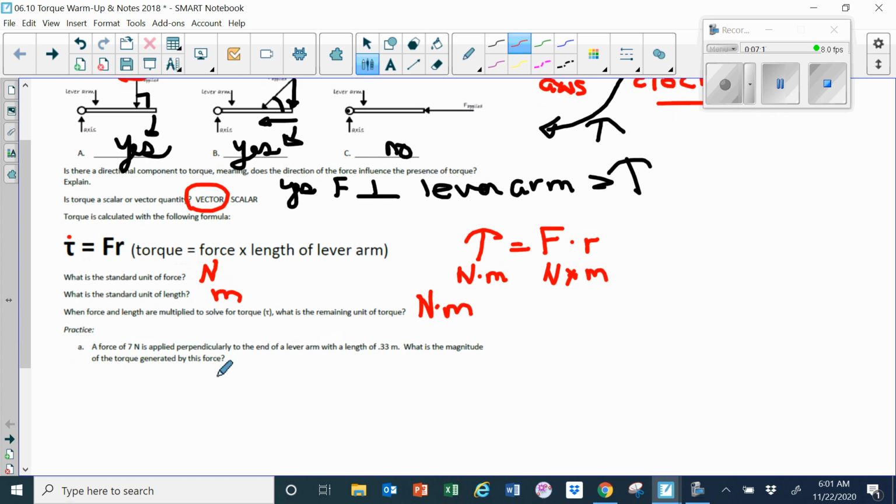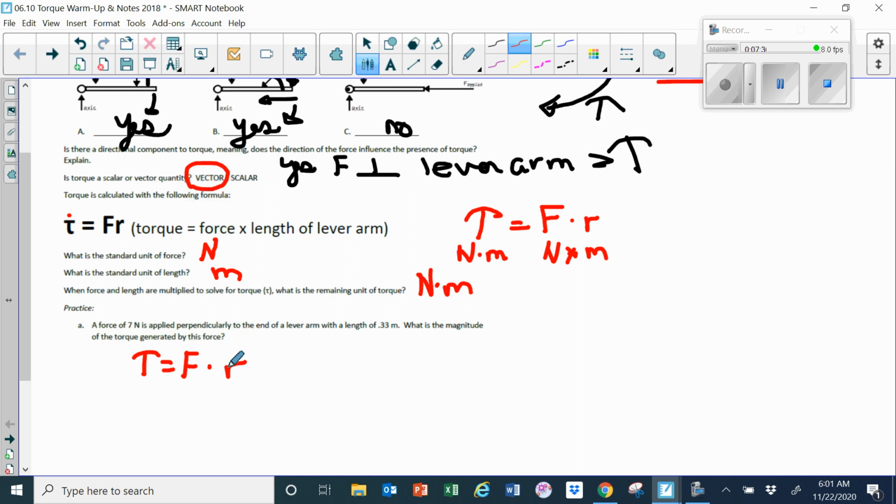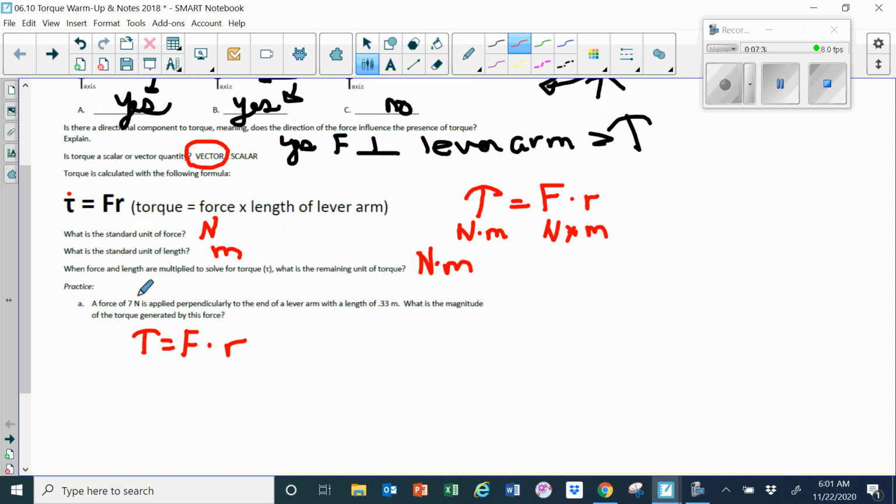So let's do one practice problem. These are really simple, not complicated at all. The formula is tau equals the force times R. So if a force of 7 newtons is applied perpendicular to the end of a lever arm, we could draw a picture of this.